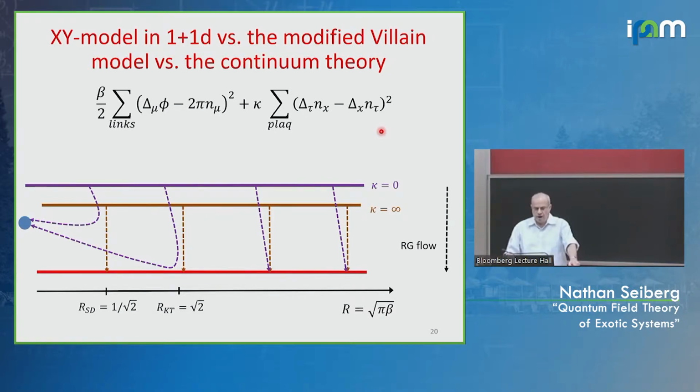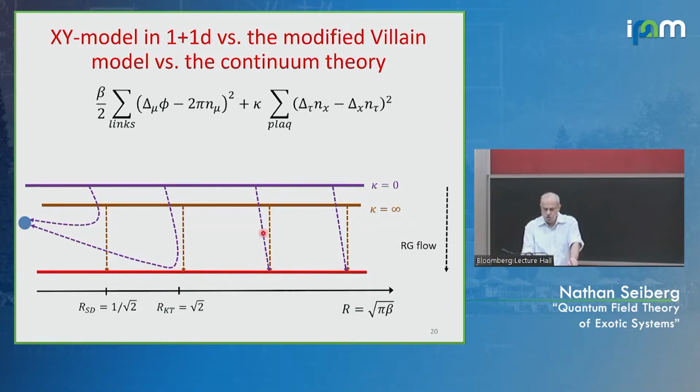Instead of having a parameter kappa with this term, we added a dynamical field, which we denoted by phi tilde, which implemented the constraint that this thing vanishes as a Lagrange multiplier. And the resulting theory is denoted here in this brown line. It's also a 1-parameter family labeled by beta, which is what this theory does as kappa is infinite.